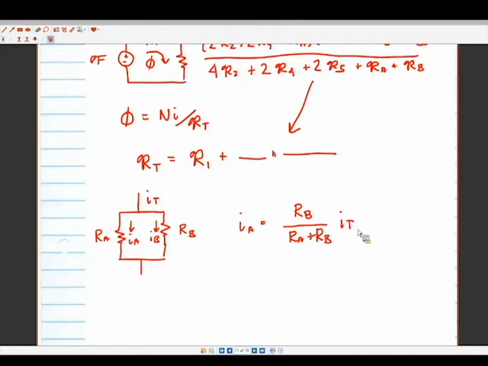All right, and if analogously I want to know what was IB, that would be RA over RA plus RB times total current. All right, so take a look back at your electrical engineering notes. You probably went through this before. Or Wikipedia has this, a multitude of sources where you can find this.